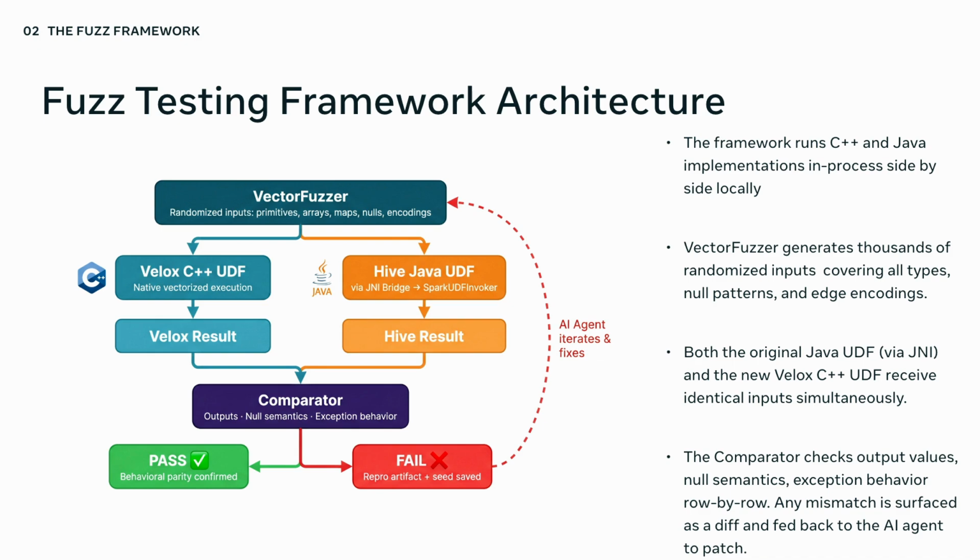So there is no external cluster or external Spark job. Everything goes through JNI within the same process. And on the bottom, we have the comparator, which collects the results from both the Velox side and the Java side to compare everything: the values, the exception behaviors, the nulls, all kinds of results, and provides the validation signals.